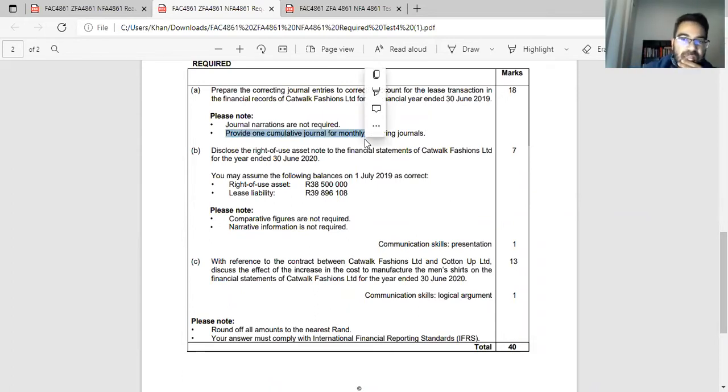So there we have, that is 18 marks. Then here, we're going to do the note disclosure, which is 7. And there's one communication. So 1 plus 7 is 8. 8 plus 18 is 26 marks for lease.